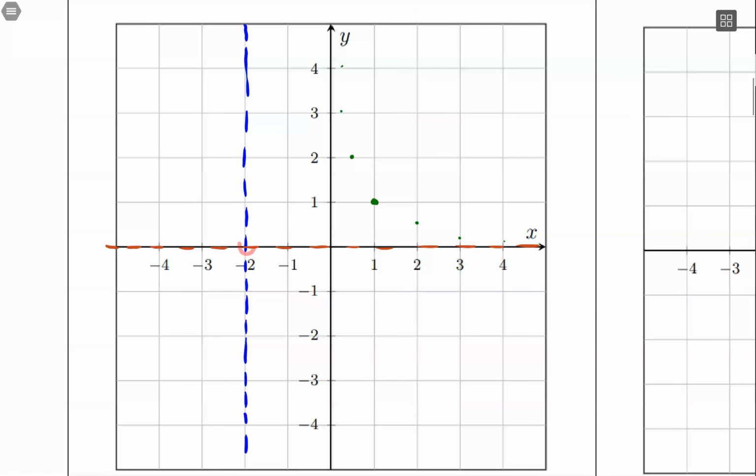What you could do is visualize that where these asymptotes intersect is like our origin. So if I wanted to graph 1, 1, it's right there. Because in terms of the center of where those asymptotes intersect with each other, it's like going over 1, up 1, and then 2, a half, 3, a third, 4, a fourth. At 0, we'd be at a half, and then a third, and a fourth, and so on and so forth.